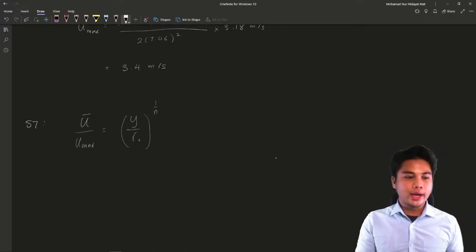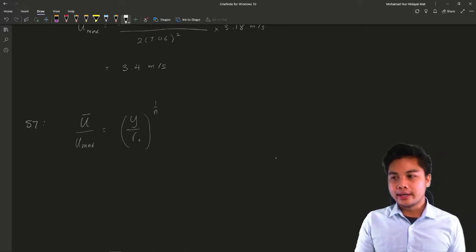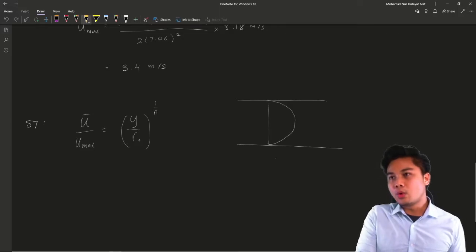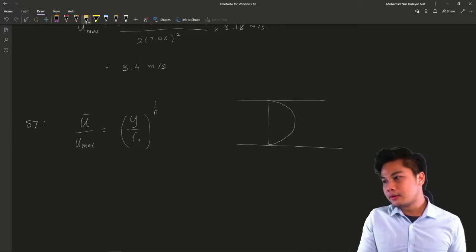You can see we have the power law here, and then we need to find y. Let me explain a little bit. This is our velocity profile. Our y will start from here. This is our y.